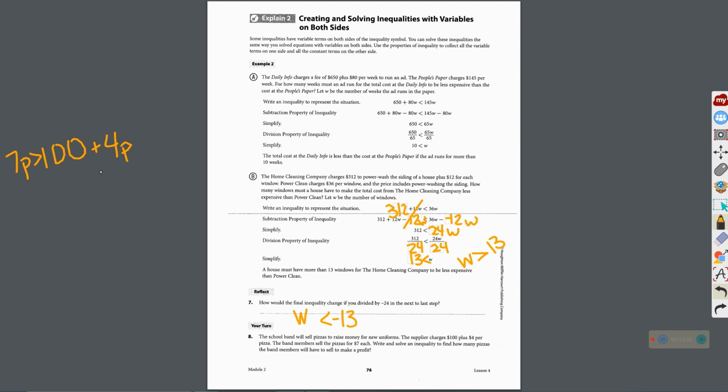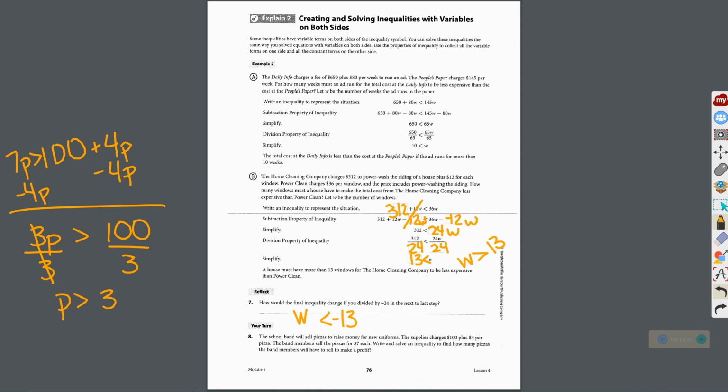We are going to subtract 4p from both sides, leaving us with 3p to be more than $100. Divide by 3. P has to be greater than 33 and a third.